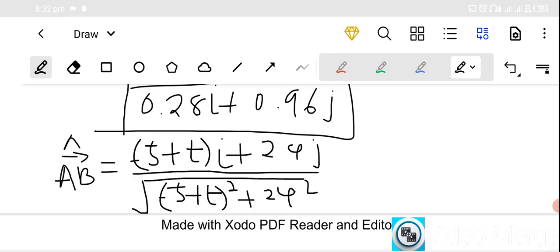So this is the actual unit vector for AB, and then the unit vector in the direction of AB is that one there. So we're going to equate AB with the expression up there.